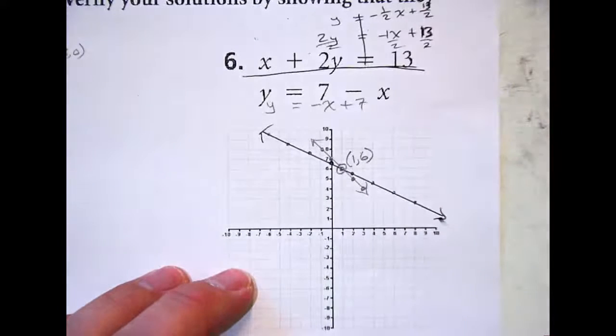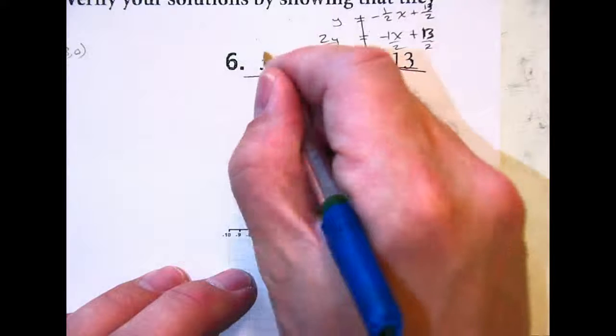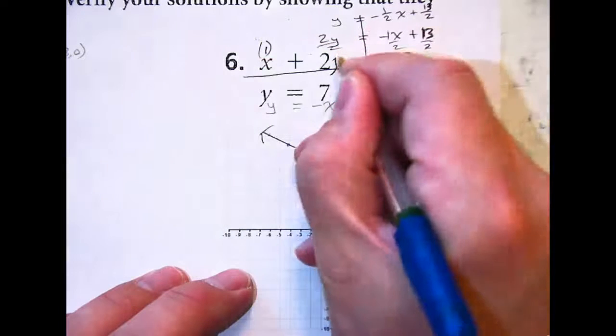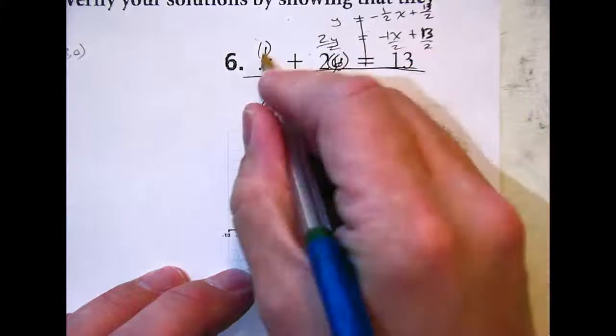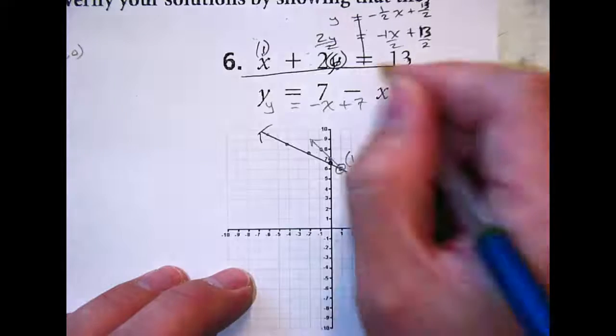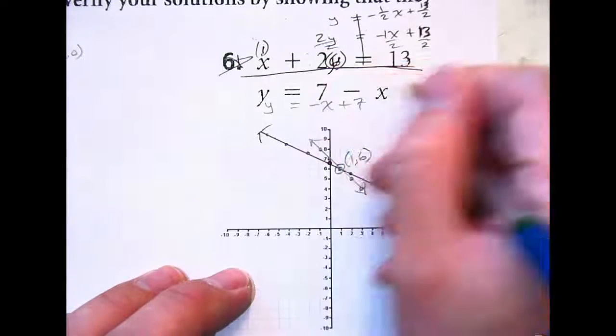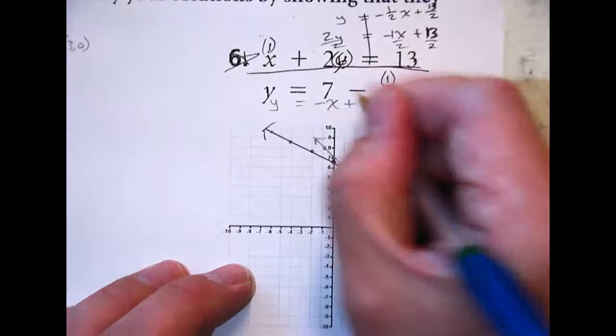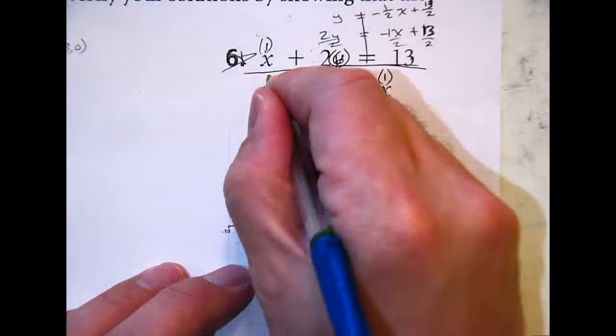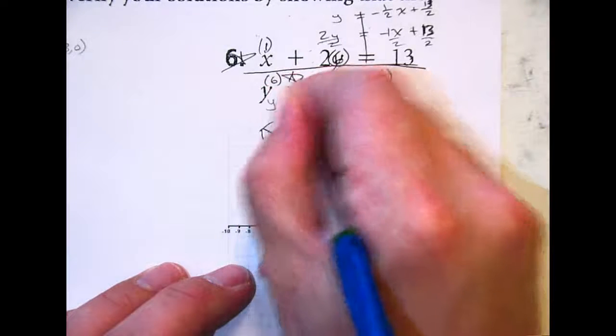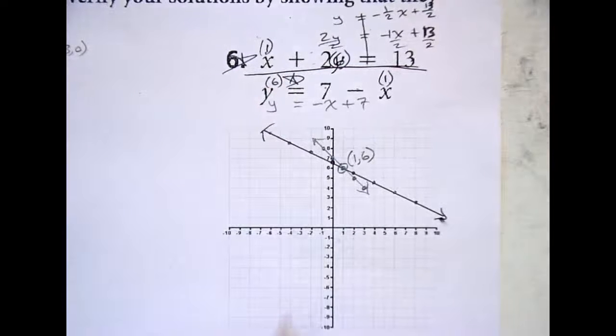So if you test 1 and 6, if I put 1 in here, and 6 for y, 1 plus 12 is 13, that works there. And 1 in here, 7 minus 1 is 6. We're good. All right, so test it out there.